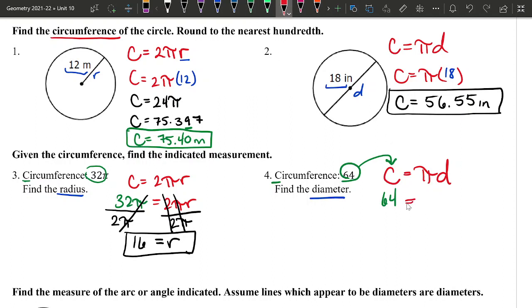So 64 equals pi times D. I want to get D by itself, so I need to divide by pi. Pi over pi cancels. So D equals 64 over pi. Or if I round that, that's 20.37.